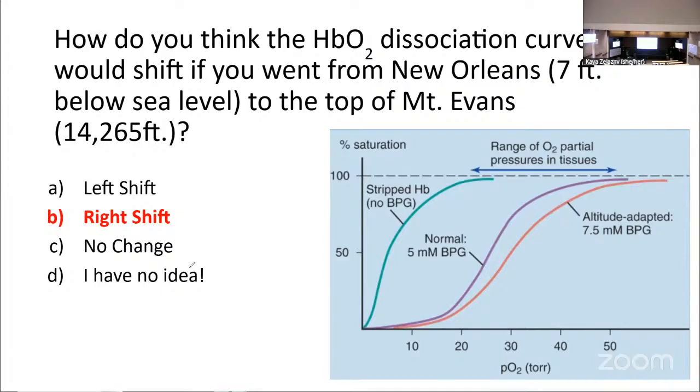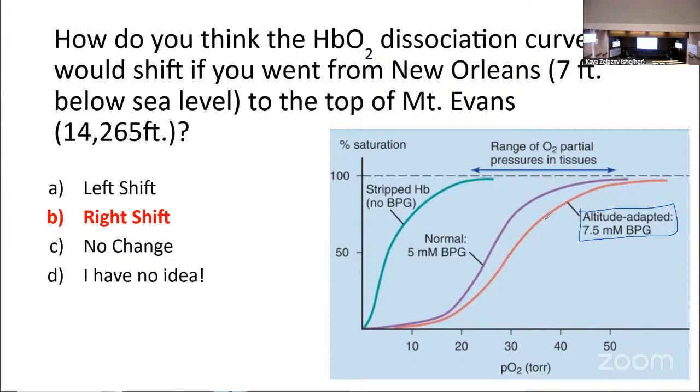So as long as you give yourself enough time, you'll notice that this curve all the way to the right is showing altitude adapted, right? So you have to give yourself a bit of time to adjust to lower oxygen conditions, right? But 14,000 feet is an amount that you can adjust to physiologically, right? So what we see under these conditions, where we have this addition of a molecule that lowers the affinity of hemoglobin for oxygen, is this rightward shift, right?